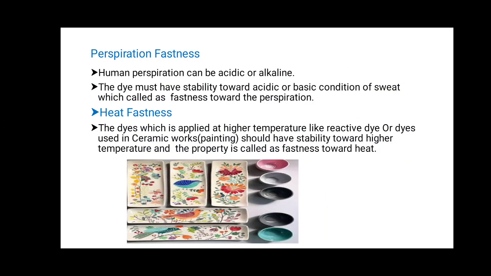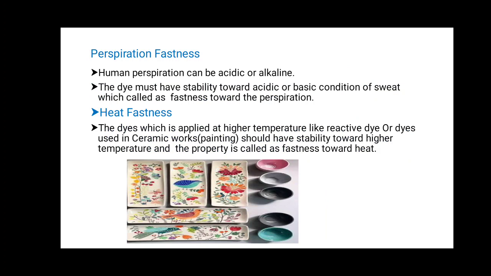Next fastness property is perspiration fastness. What is perspiration? Human perspiration can be acidic or alkaline.